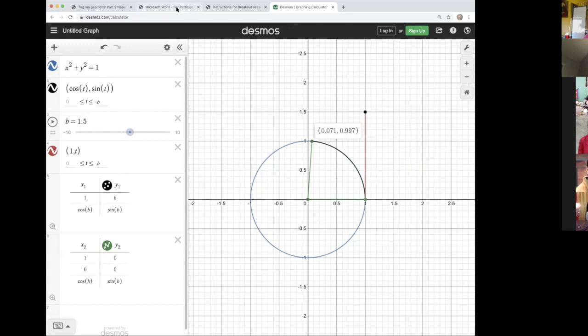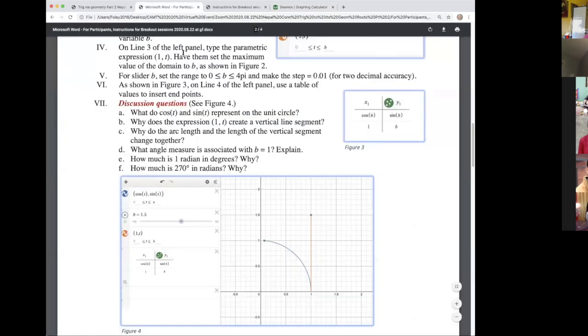Okay, beautiful. I'm wondering if someone else would be willing to explain why the expression 1 comma t creates a vertical line segment. The 1 comma t expression here, which in this picture is shown in orange.